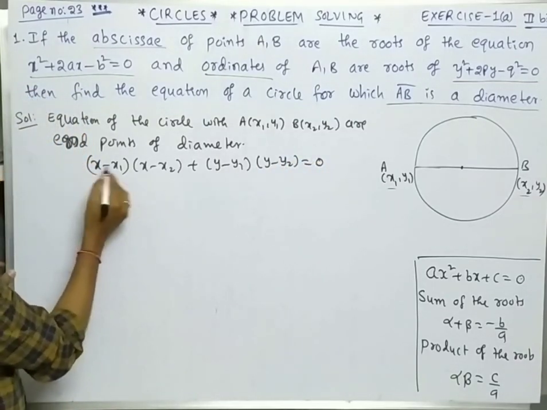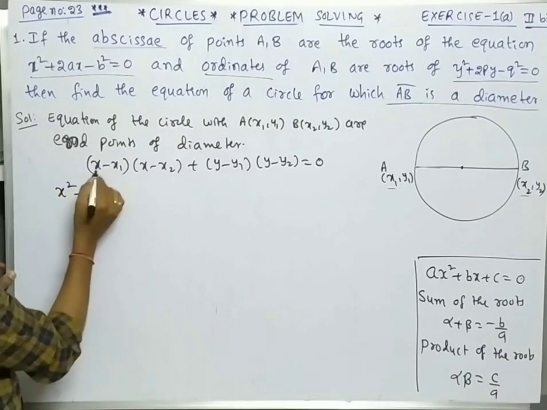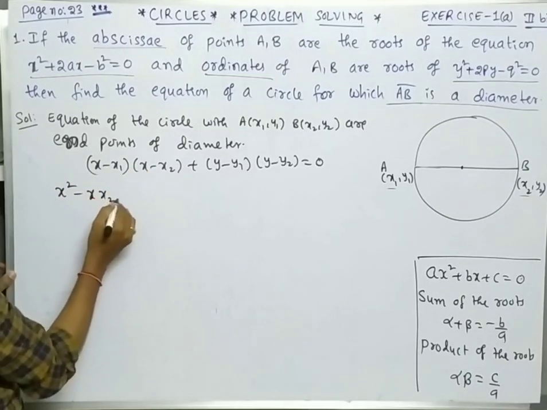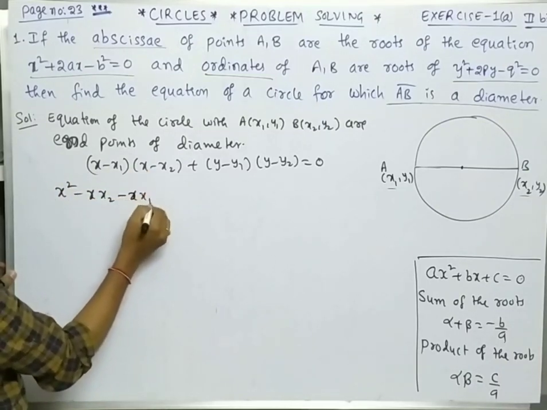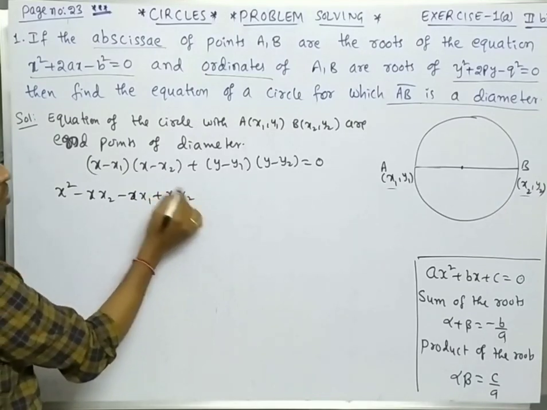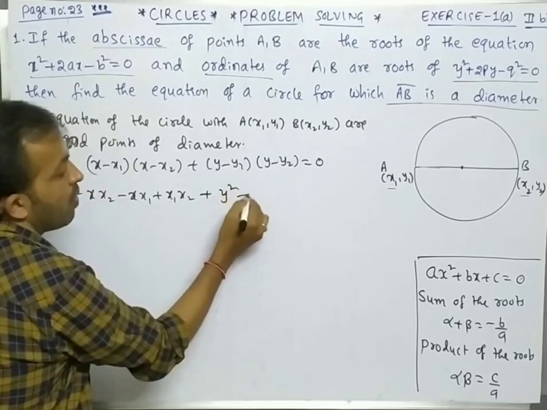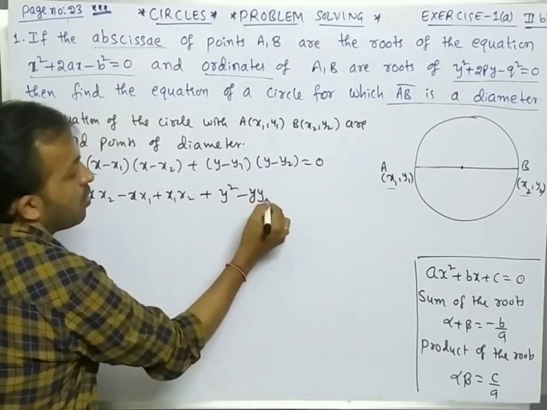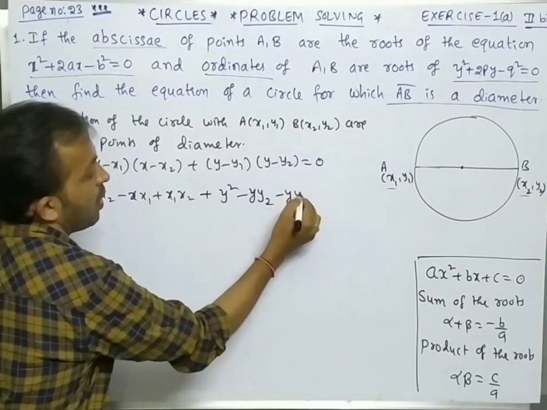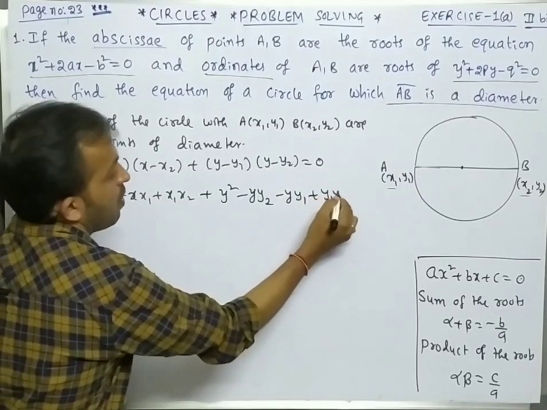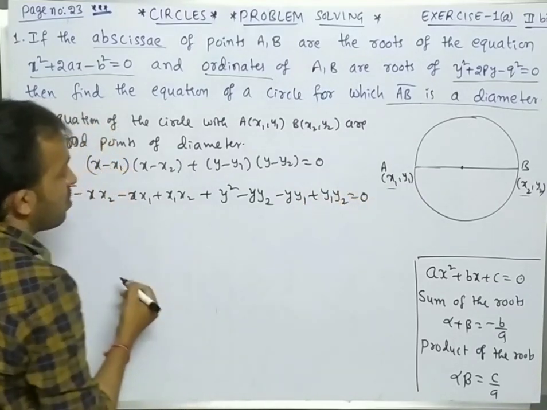If we multiply, x into x gives x square minus x x2 minus x x1 plus x1 x2, and similarly y square minus y y2 minus y y1 plus y1 y2 is equal to 0.